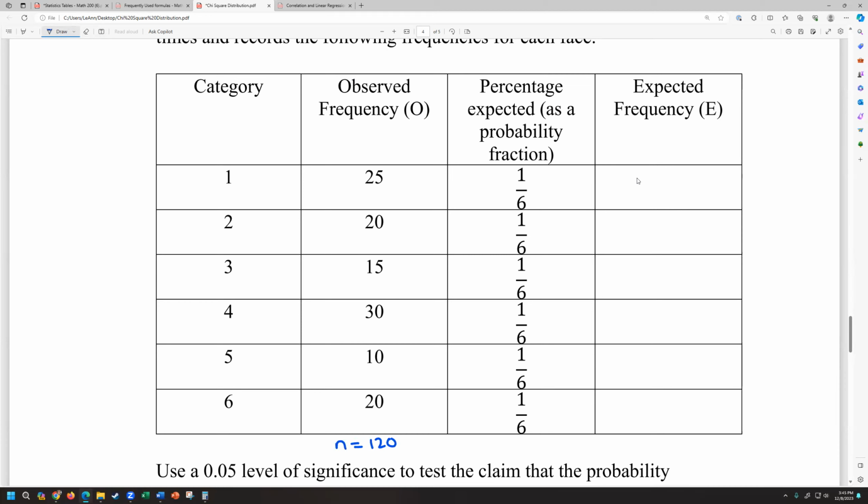So to get your expected frequencies when it's a goodness of fit test, you take the total sample size and you times it by the probability or percent as a decimal, if they give it to you in percent form, of your actual expected distribution, the one that was kind of the previous information. So if a die is fair, this should happen. So this gives me 20, and it's going to be the same for all of them because they're all the sample size of 120 times the 1/6 equal probability.